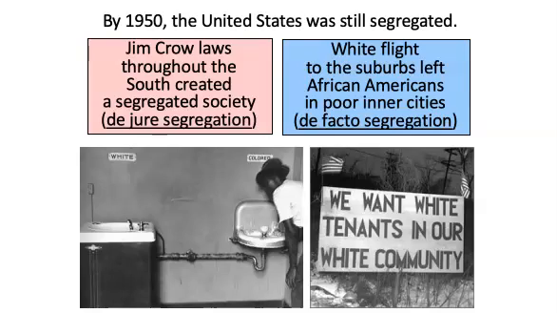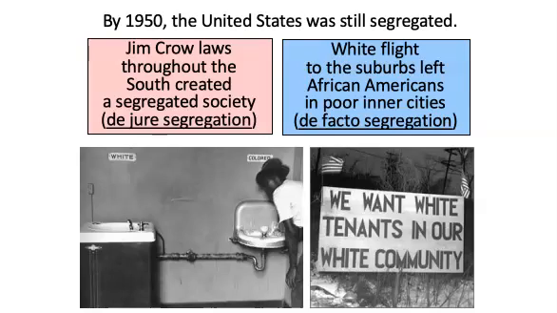In the North, white flight to the suburbs had essentially created two different societies, a white suburbia and an African American inner city. And so segregation happened more by custom or circumstance rather than by laws, though certainly local ordinances did not help this situation. And this was known as de facto segregation.